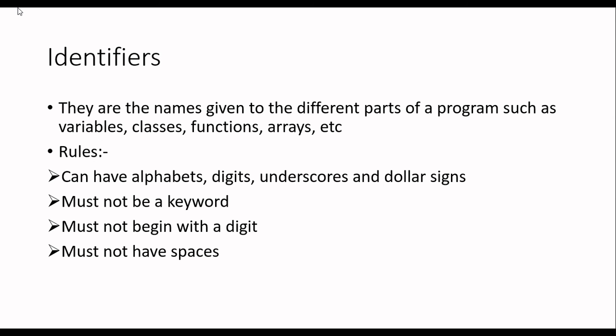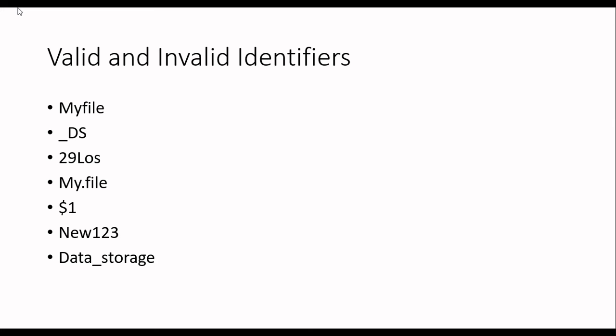As we saw in this slide, identifier can have digits, alphabets, and it does not begin with a digit. Thus, it is a valid identifier. Data underscore storage, which has an underscore and letters, and as you know, valid identifiers can have letters and underscore. Thus, this is a valid identifier.